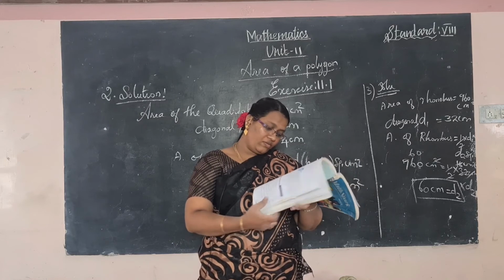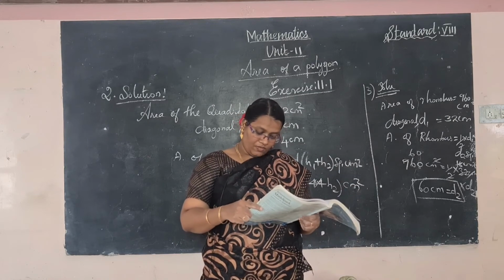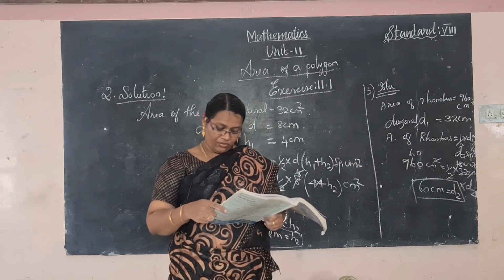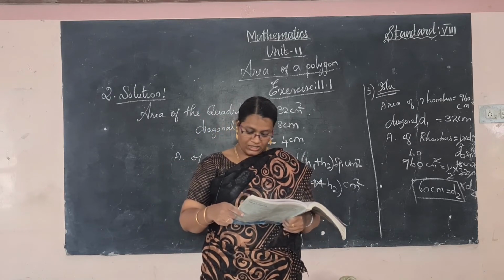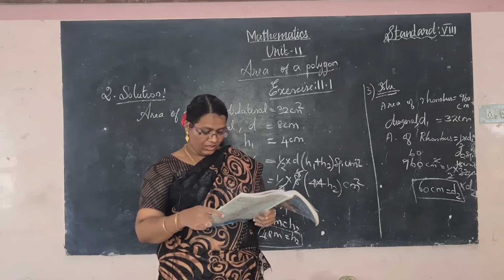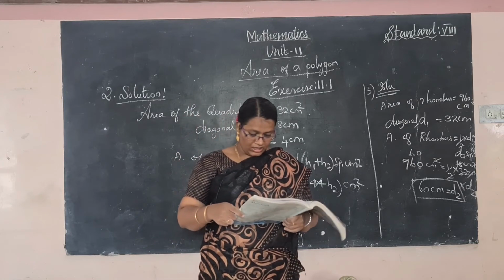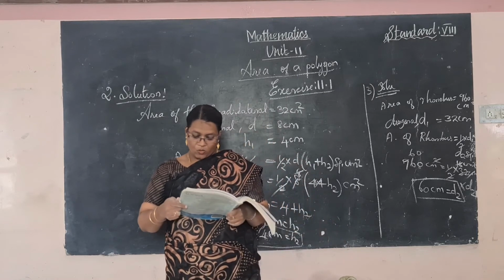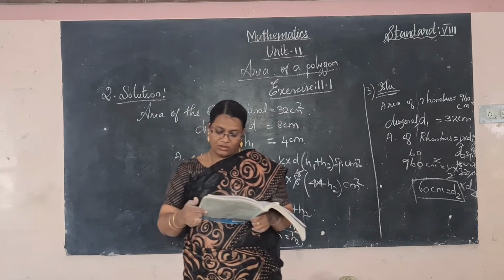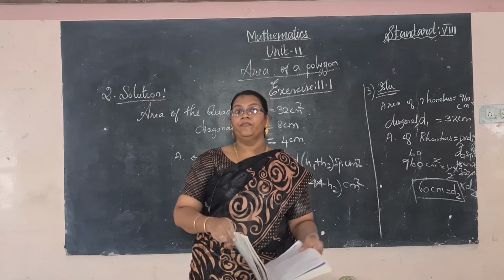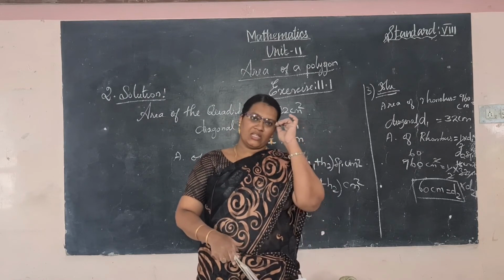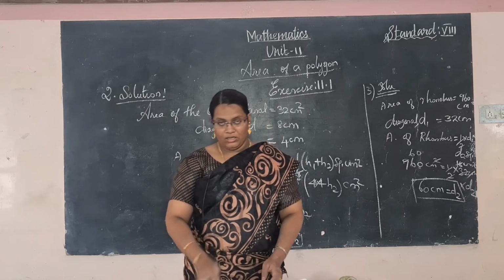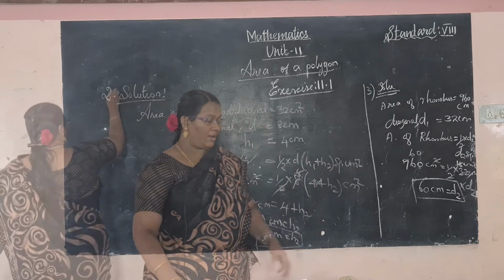Fourth one: find the area of the rhombus if each of its sides measures 41 centimeters and one of the diagonals is 80 centimeters. One side and one diagonal are given, so which formula do we use? Side of the rhombus is equal to half into square root of D1 square plus D2 square.